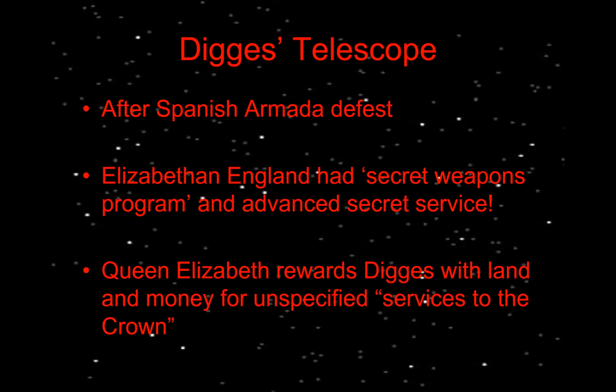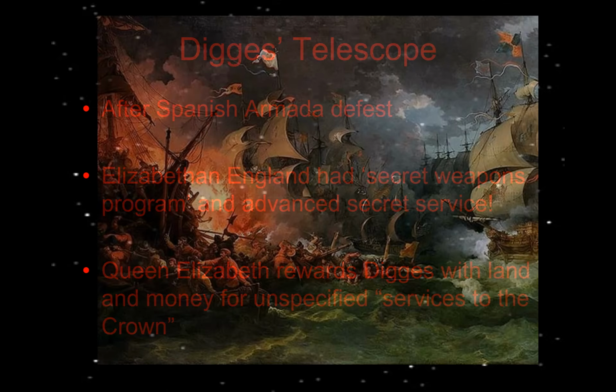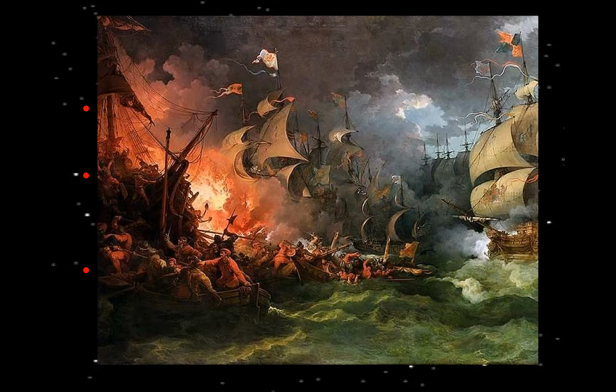So it's quite possible that Thomas Digges gave his telescope to the British government so that they could use it to see ships coming and prepare themselves for attack.